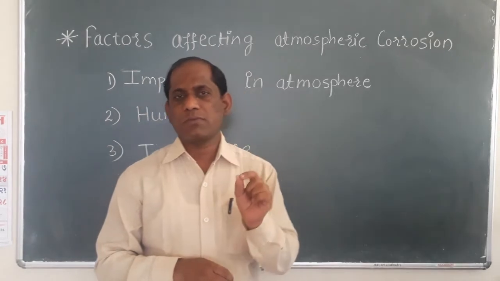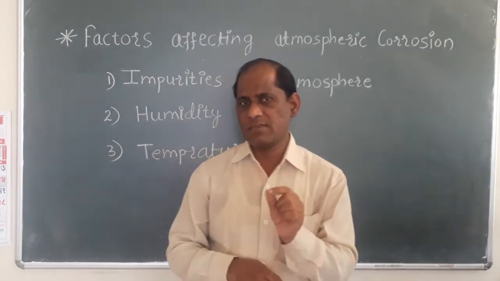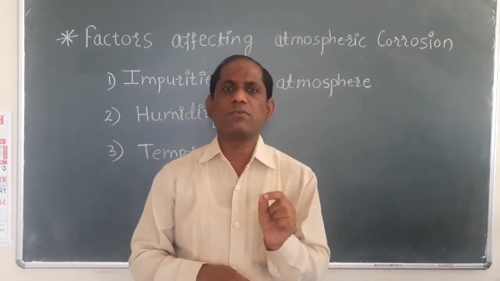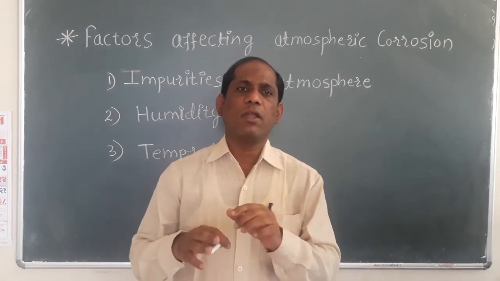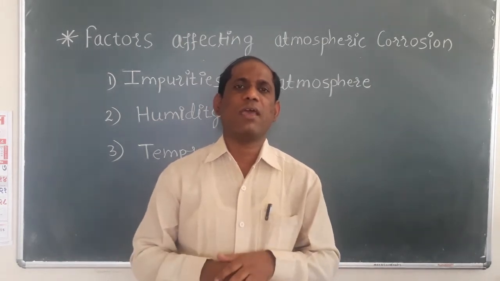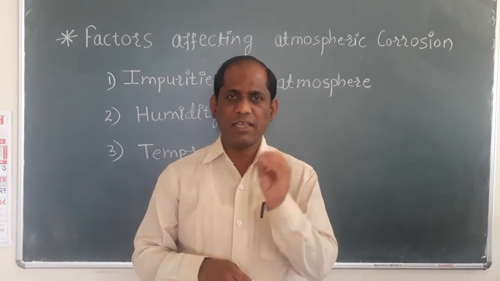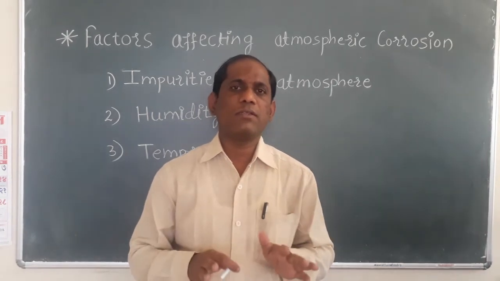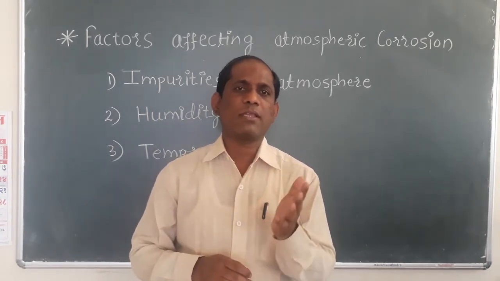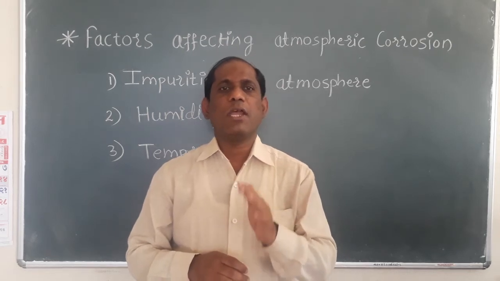But if the atmosphere has unwanted gases, gases which are corrosive, then in that region the rate of corrosion will be greater, that is, the atmospheric corrosion will be greater.